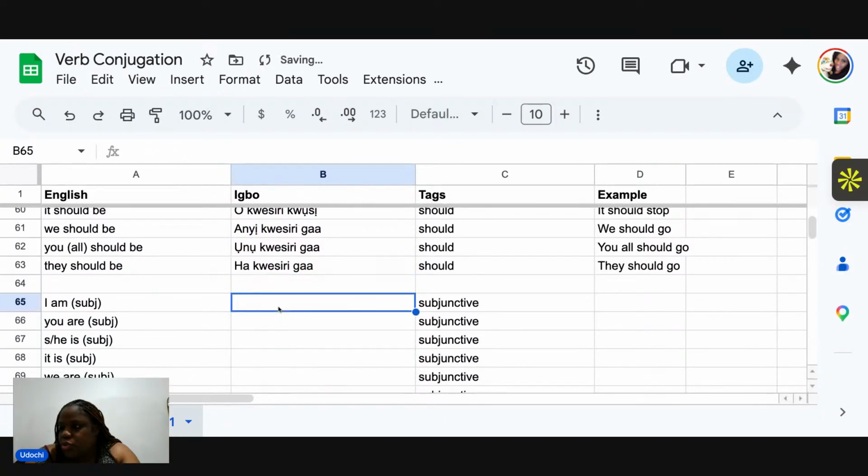Let's go to the subjunctive. But before we do, let's find out what the subjunctive means. The subjunctive mood is a grammatical form used to explore conditional or imaginary situations, expressing wishes, doubts, commands, or necessities rather than hard facts.